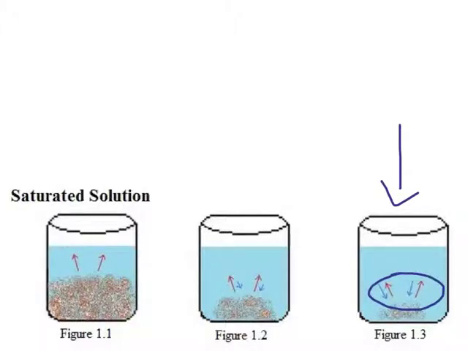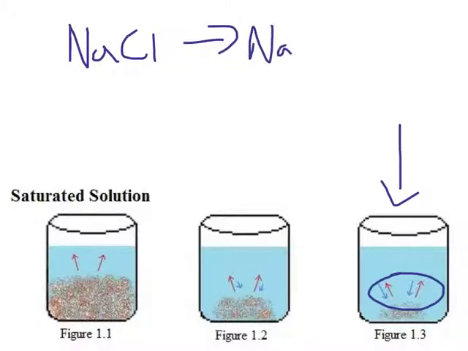Now, an equilibrium in this state means that the rate of dissolving is equal to the rate of crystallization or precipitation. Okay, so in other words, for every one of these things that's getting turned into this and this, one of these and one of those is being turned back into that.